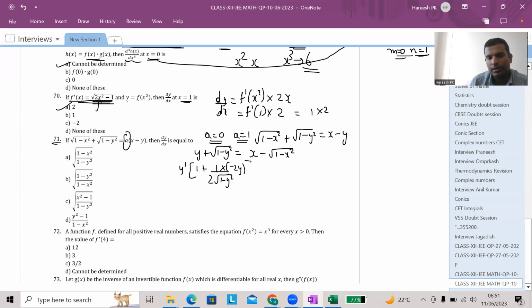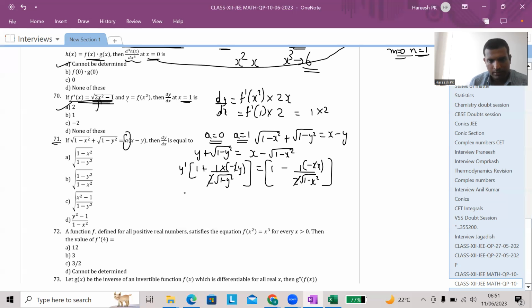That y dash is already taken out. And here you'll end up getting 1 minus 1 by 2 root 1 minus x square into derivative of this, which is minus 2x. So 2 gets cancelled. Here also 2 and 2 gets cancelled.